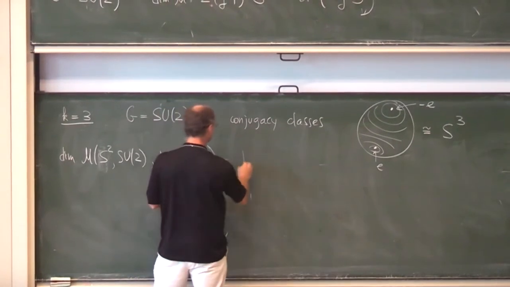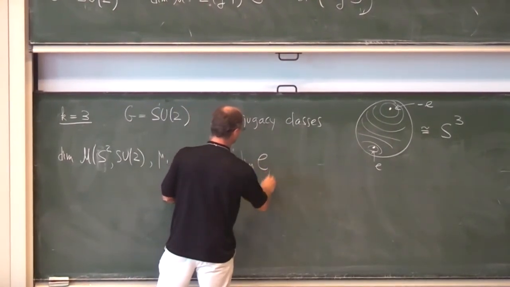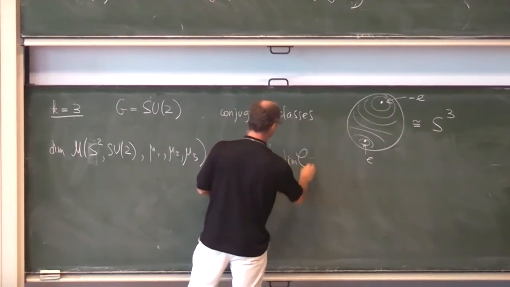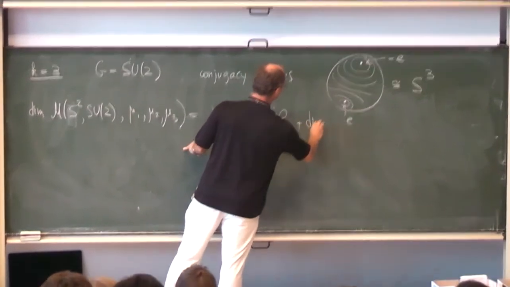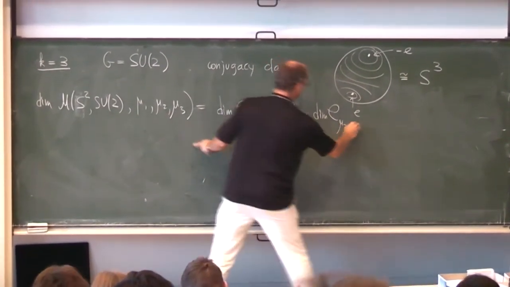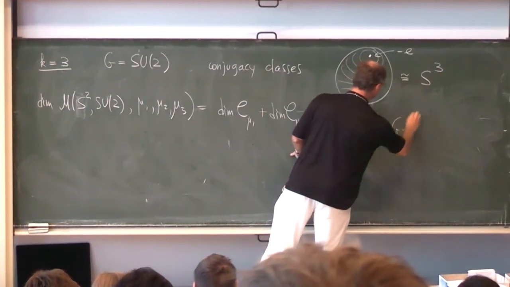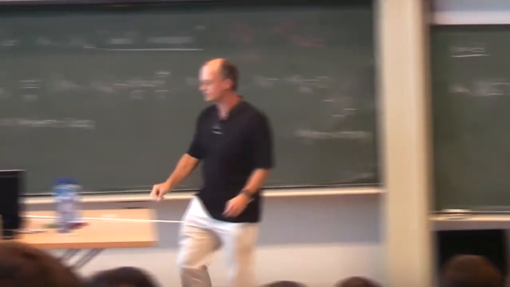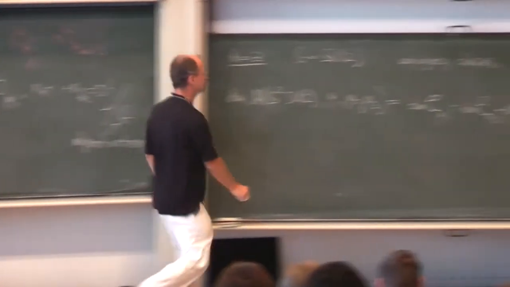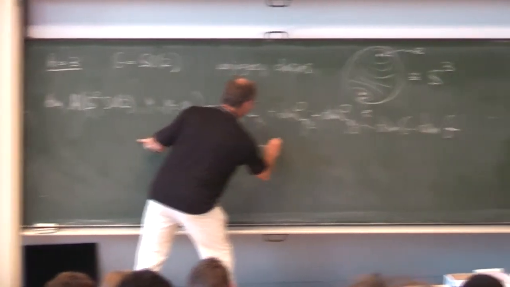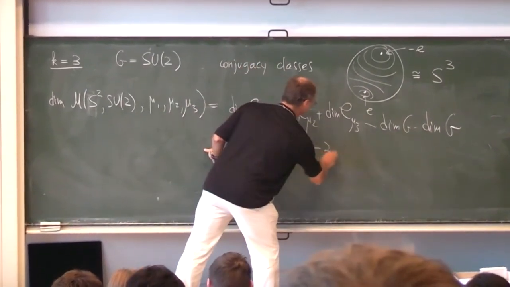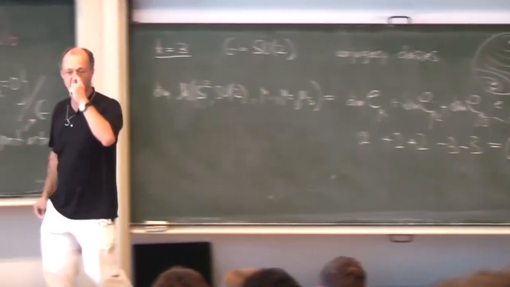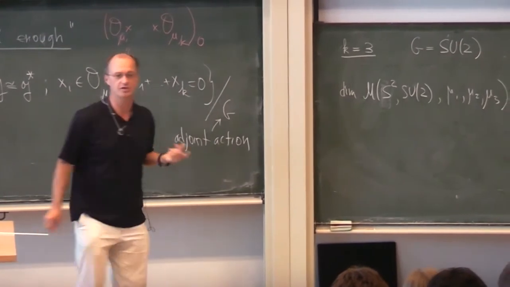At least if the generic dimension count works, it will be the dimension of the first conjugacy class plus the dimension of the second one plus the dimension of the third, minus dimension of G minus dimension of G. That's the generic formula. And generically what we get here is 2 plus 2 plus 2 minus 3 minus 3, which is 0. So this moduli space, even generically, is 0-dimensional.